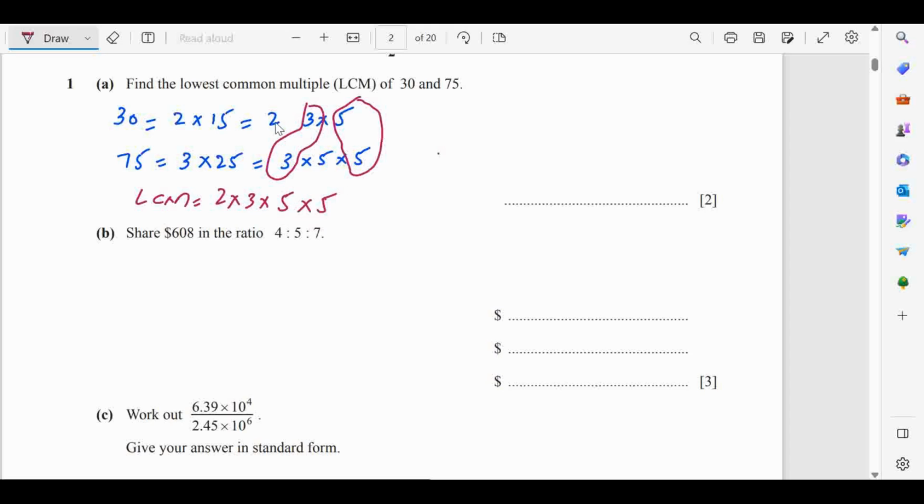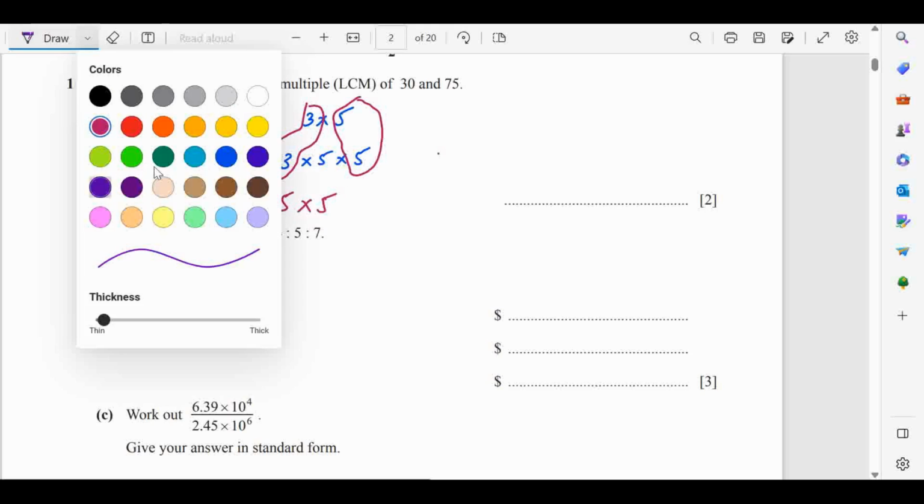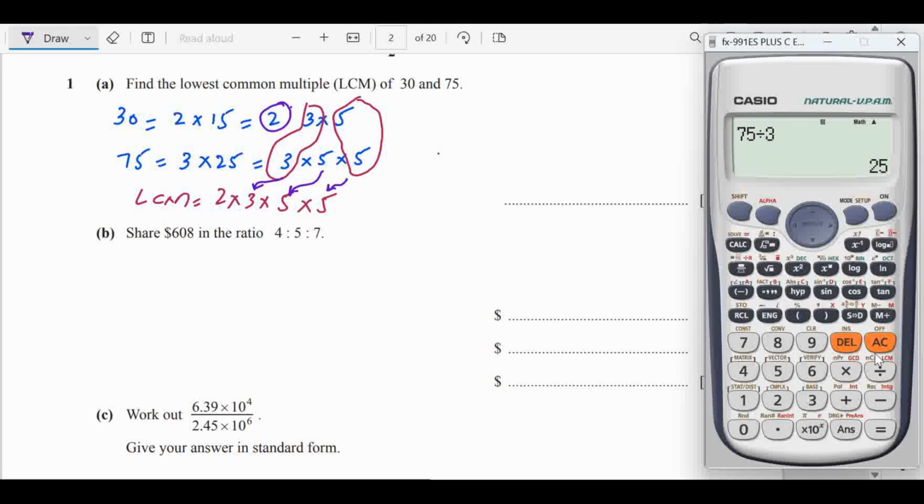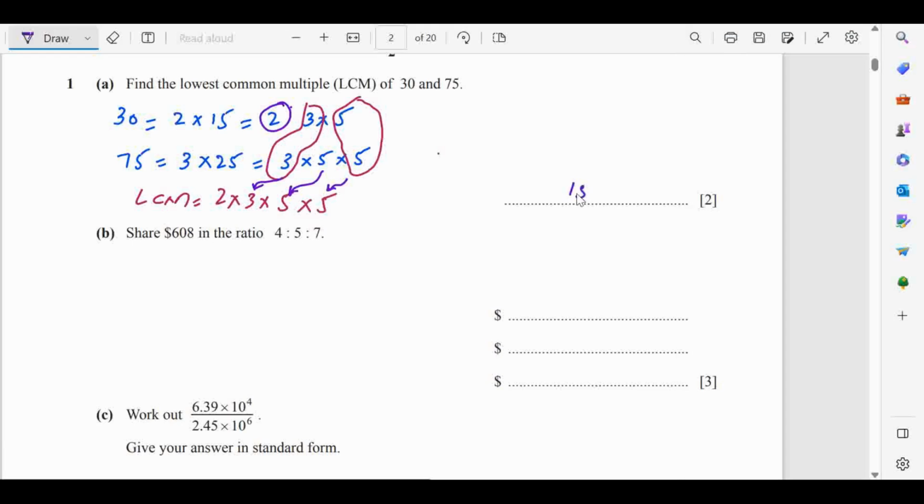The reason is that we multiply the 2, the common ones, and the single remaining one. So if we simplify it, this will be 5 multiplied by 5 multiplied by 3 multiplied by 2, which equals 150.